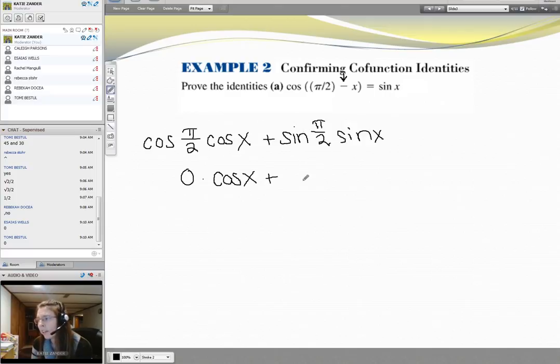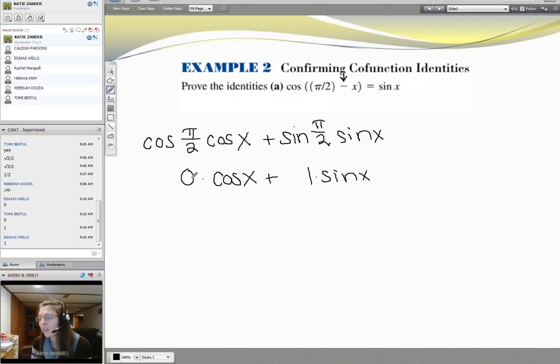What is sine of pi over 2? That's our 1. Notice 0 times cosine x is just 0, and 1 times sine x is just sine x. So that's going to simplify just down to a sine x, and we are done. We have proved it, right? That's what we were trying to show.